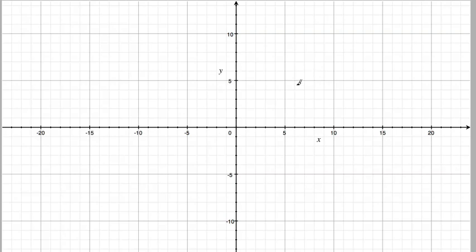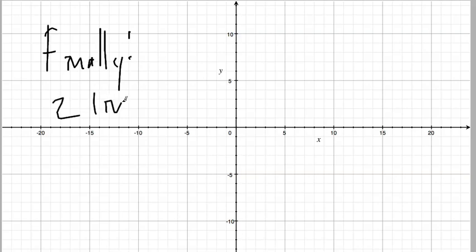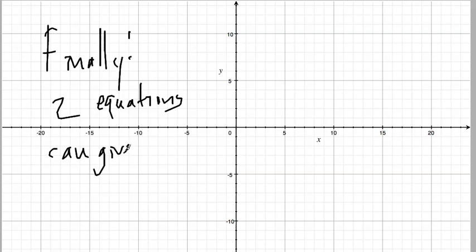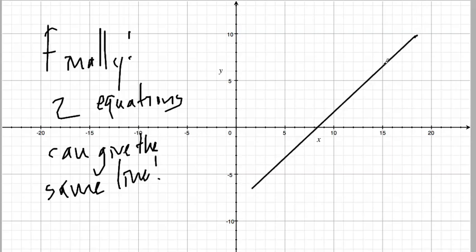And finally, two equations can give the same line. So I might get two equations which give me just one line.